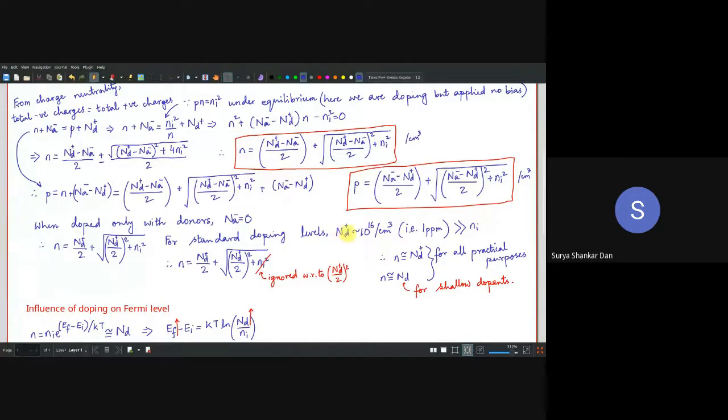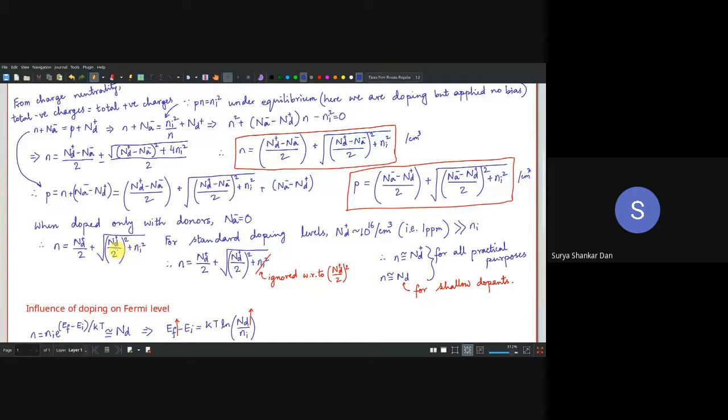So this Nd+, the donor ion concentration, is 10^16 per cm^3, which happens to be much larger than the order of Ni, 10^10 per cm^3, at room temperature. Yes or no? If this is true, then in this relation, Nd+ by 2 means, say 4 into 10^16 becomes 2 into 10^16, so it doesn't change the order anyway.